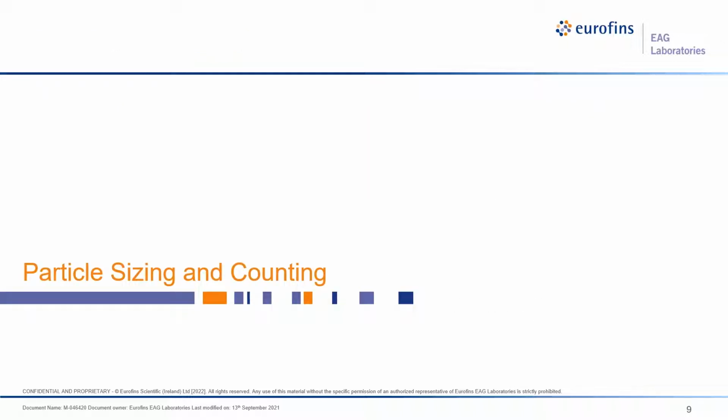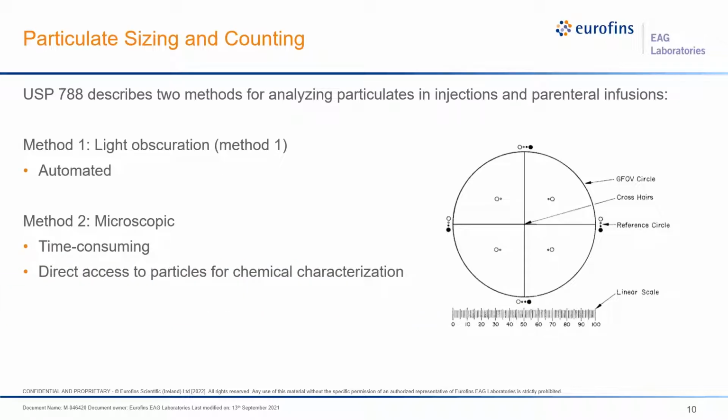So let's talk about particle sizing and counting. The 788 method actually describes two different methods in it, called analyzing particulates in injections and parenteral infusions. The first method is light obscuration, described as method 1. It's a highly automatic method.